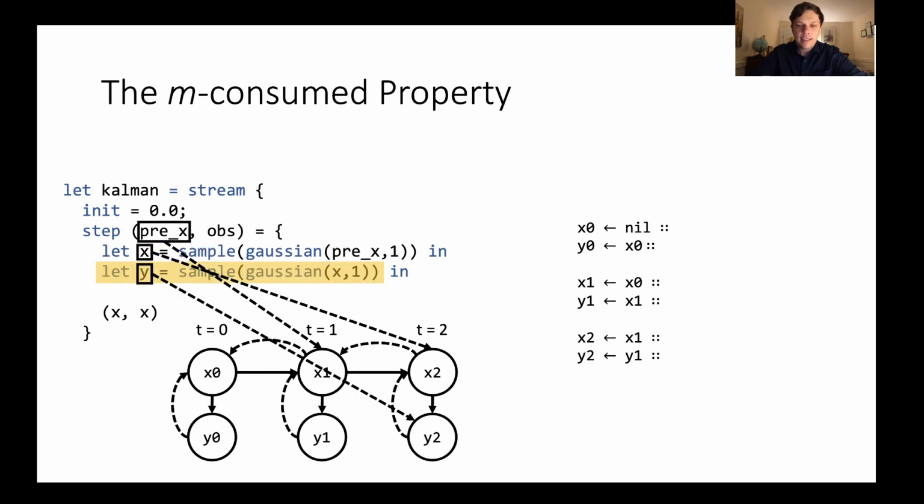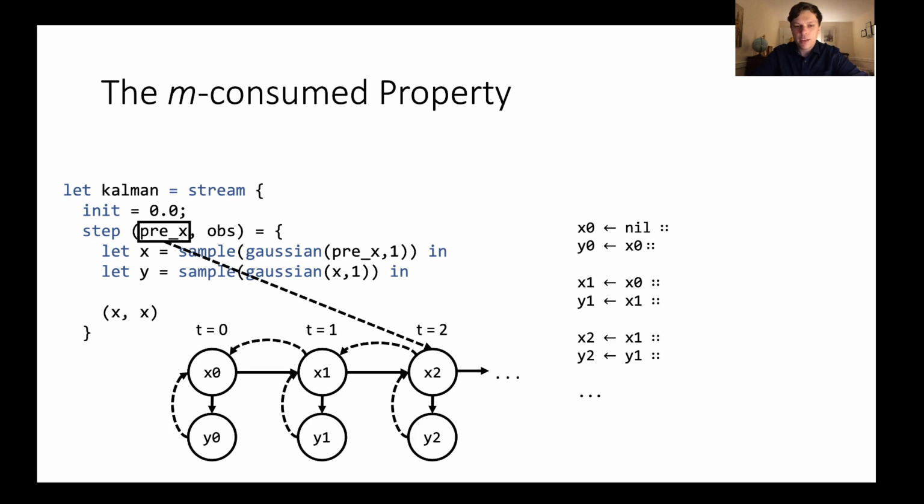And the second thing is that this pointer flip operation that I described earlier no longer happens because we've removed the observe statement. So this means two things. First of all, this program is going to fail the mconsume property because y0 is not mconsumed, which means x0 is not mconsumed. None of these variables are mconsumed. So it's going to blatantly fail the property.